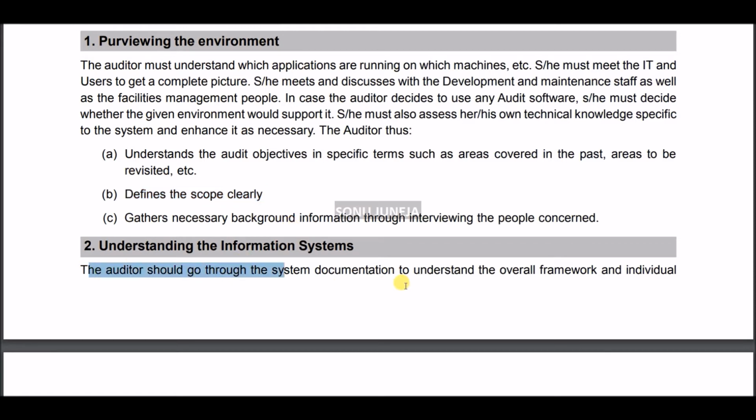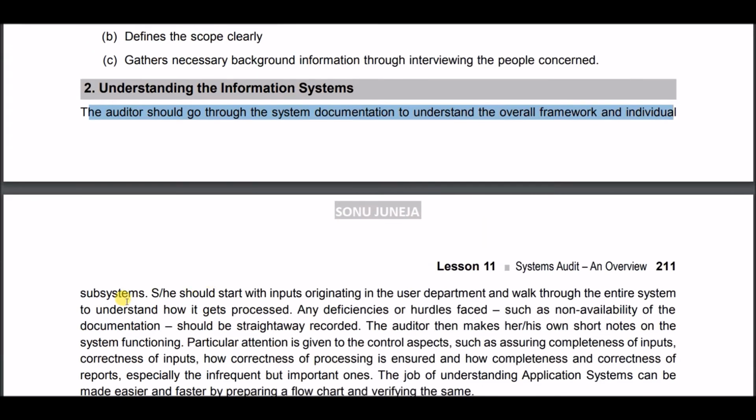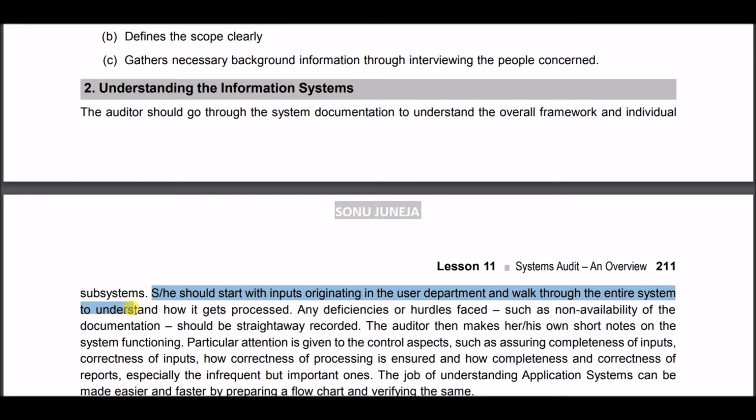Understanding the information system. Auditors should go through the system documentation to understand the overall framework and individual subsystems. She or he should start with input originating in the user department and walk through the entire system to understand how it gets processed. Any deficiencies or hurdles faced, such as non-availability of documentation, should be recorded straight away.